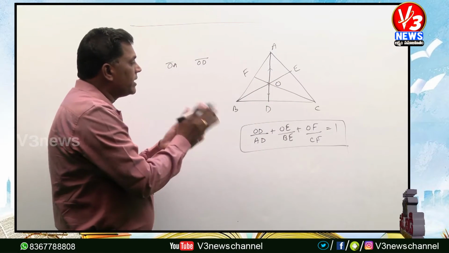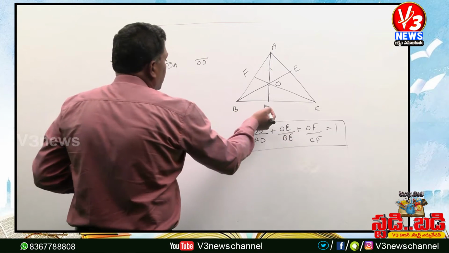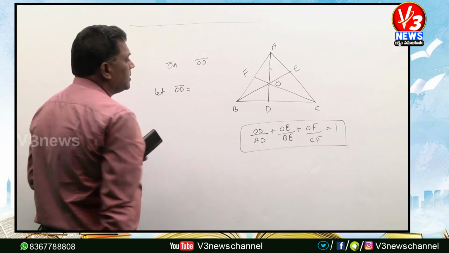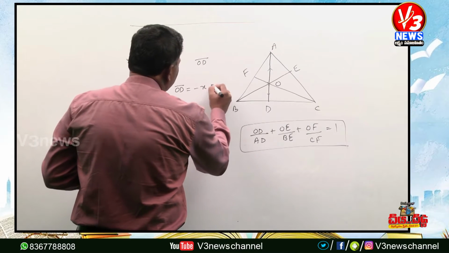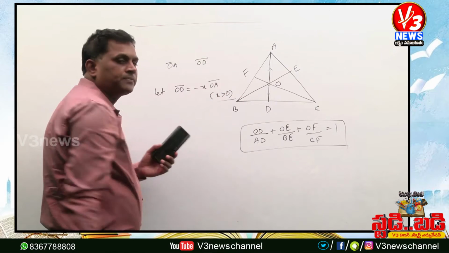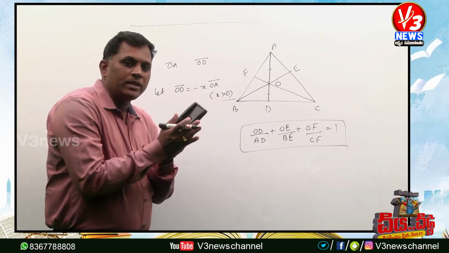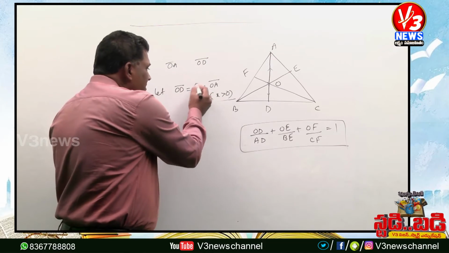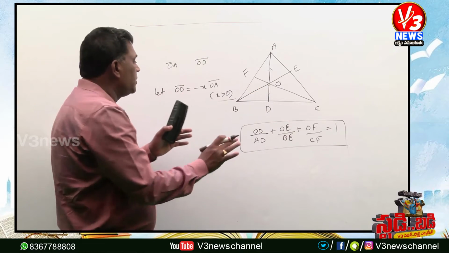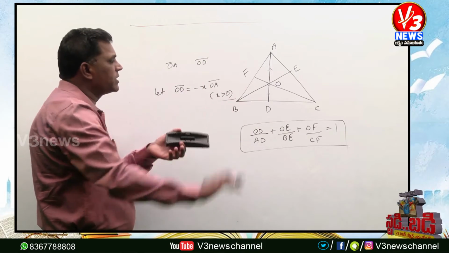That is why we can express one vector in terms of the other. Let us take OD bar equals minus x into OA bar, where x is taken as positive. This minus indicates that these 2 are unlike vectors, opposite direction vectors.